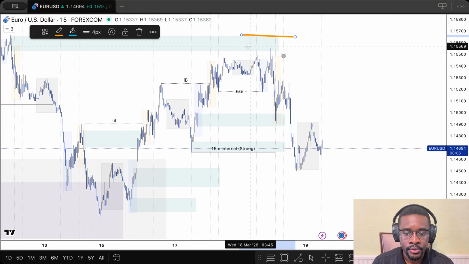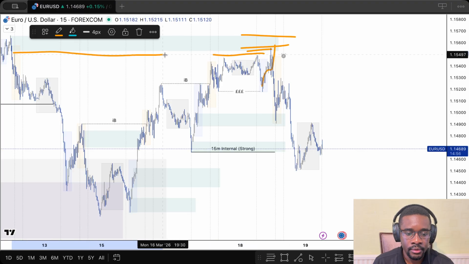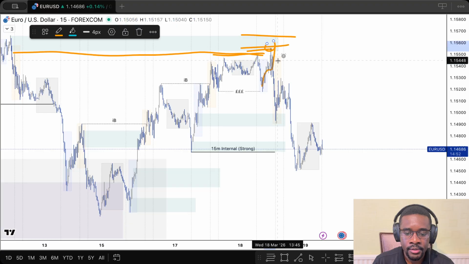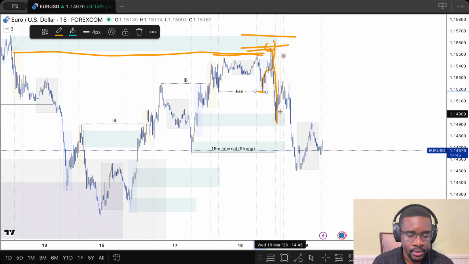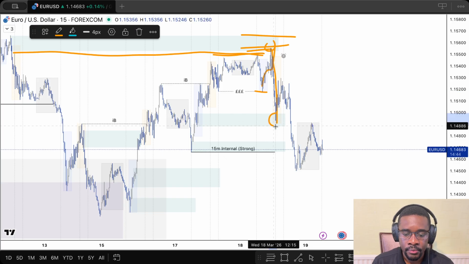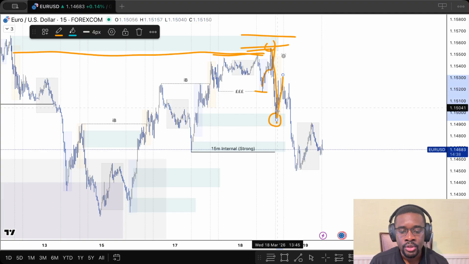We had this area of supply, and as you can see, price eventually came in, mitigated that area of supply, took out these relatively equal highs, and then we had a strong sharp reaction. We are breaking structure to the downside, and then we mitigated this area of demand, which I was also expecting, and also had a reaction.